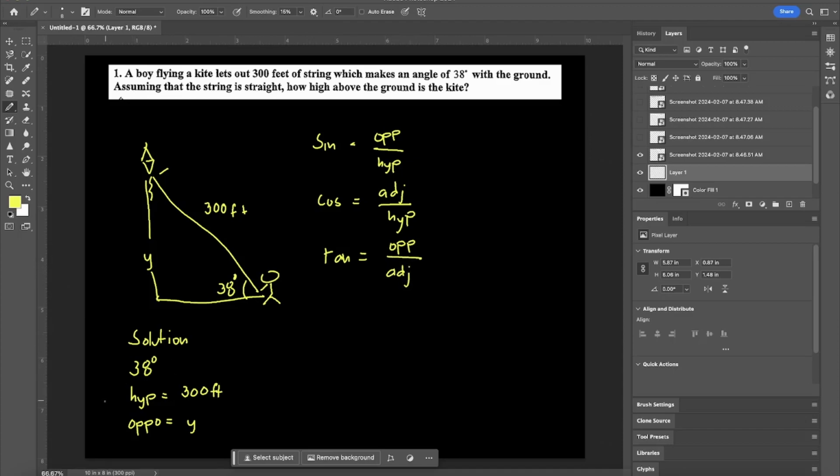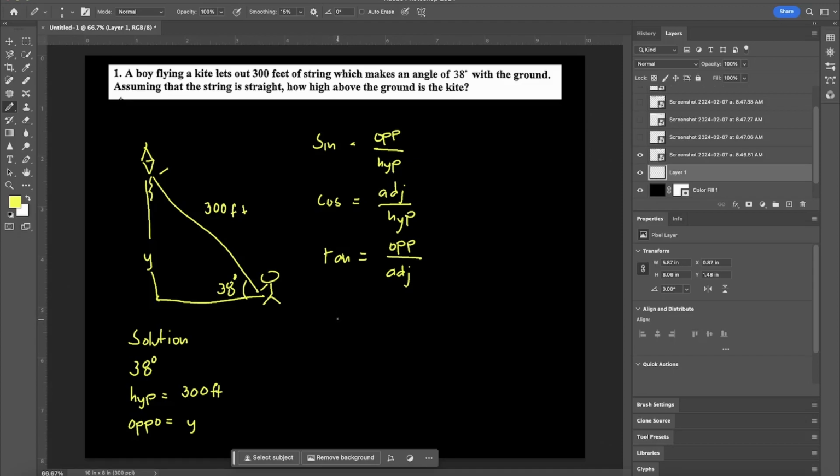Now, if we take a look at the given and what is required of us in our problem, we have the hypotenuse and the opposite side. So in this case, we have our sine function that we could use to solve for the vertical distance of the kite to the ground.